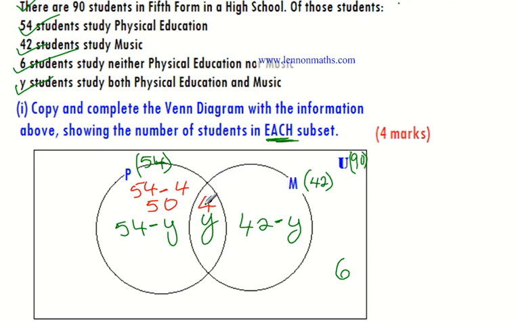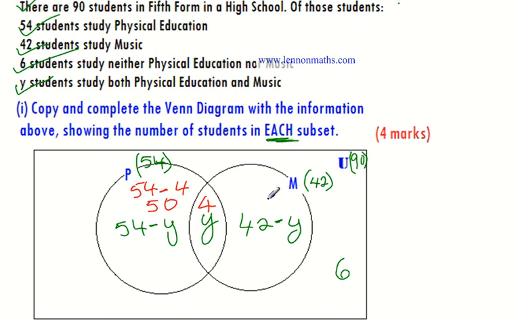Same thing over here. We have a total of 42 students in this entire subset M, which represents music. We have 42 students doing music in total. 4 of them are also doing what? Physical education. 4 of them are also doing physical education. So how many students are not doing physical education?